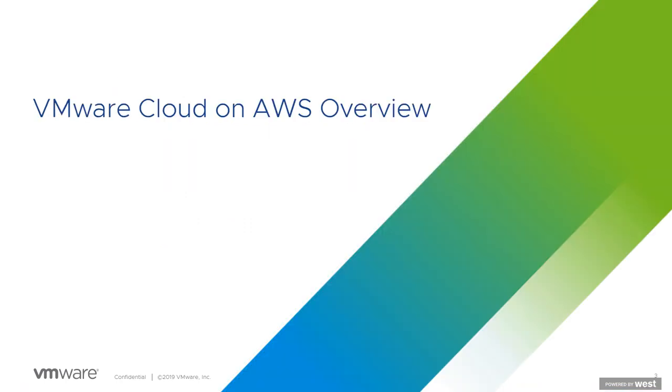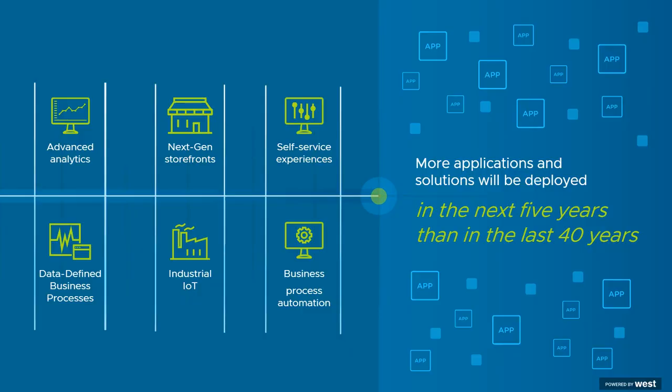So let's get right into it. As we look at VMware Cloud on AWS, this is really about deploying applications and solutions into the cloud. And as we look at applications now, in the next 5 years, we will deploy more applications and solutions than mankind has deployed in the last 40 years.